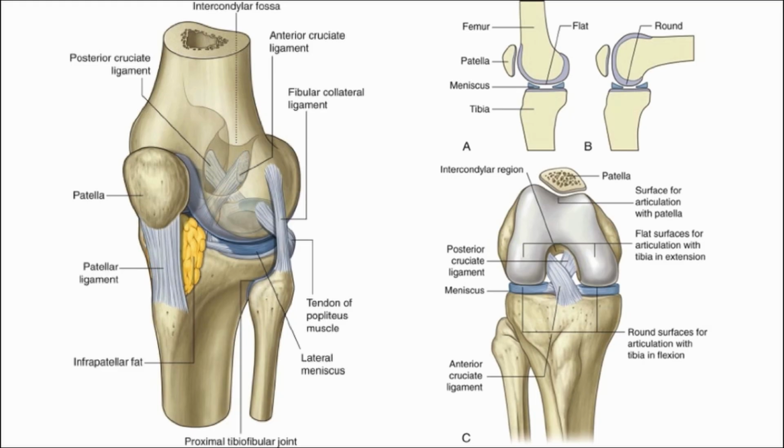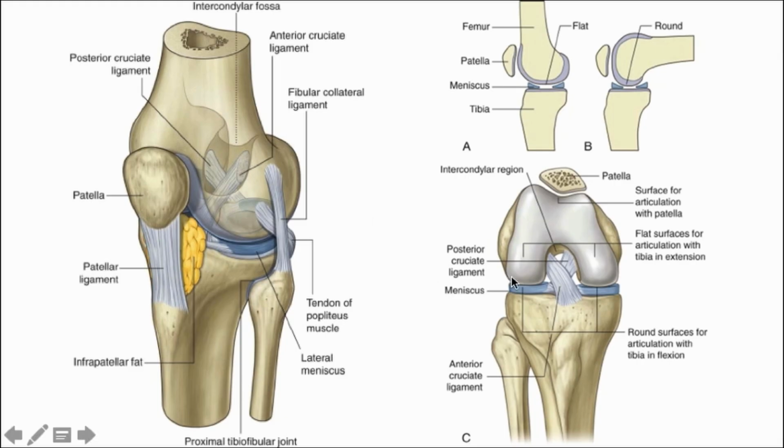It's the largest synovial joint in the body, and it consists of the articulation between the femur and the tibia, right? These are the two weight-bearing bones in the leg. There's also the articulation between the patella and the femur, which allows the pull of the quads muscle to be directed anteriorly over the knee to the tibia.